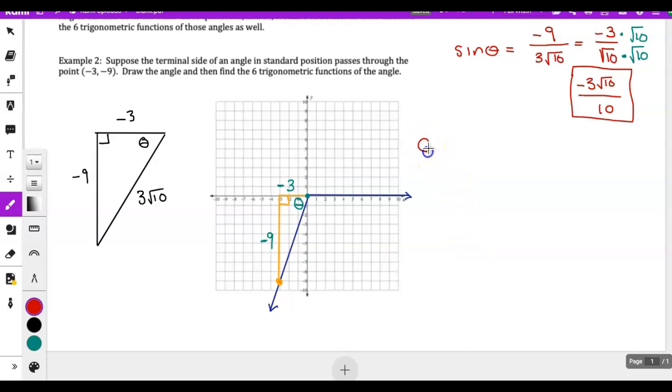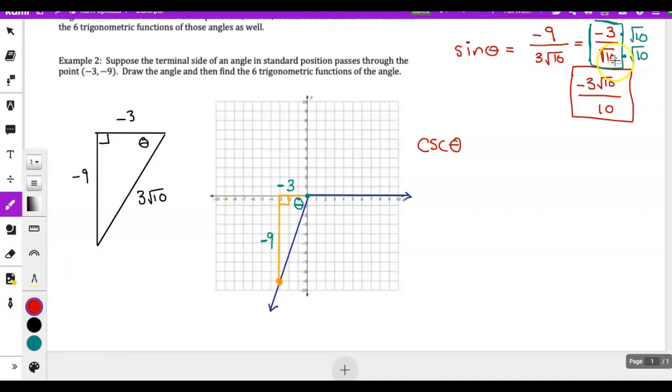To get the cosecant, I'm going to do that one next. You want to flip the sine value, but don't flip the rationalized version, because if you flip something that's rationalized, it's going to become unrationalized, and then you'll have to rationalize it again. All you have to do to make this easier is go back to the unrationalized form and flip that.